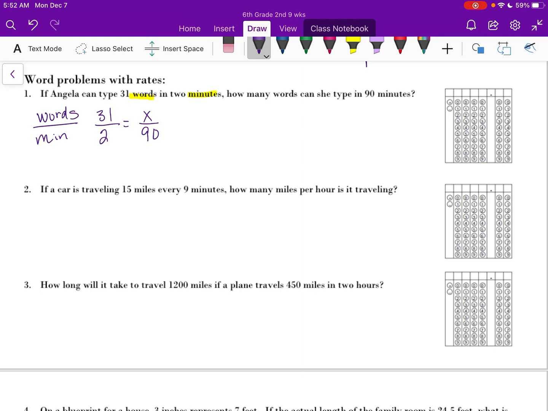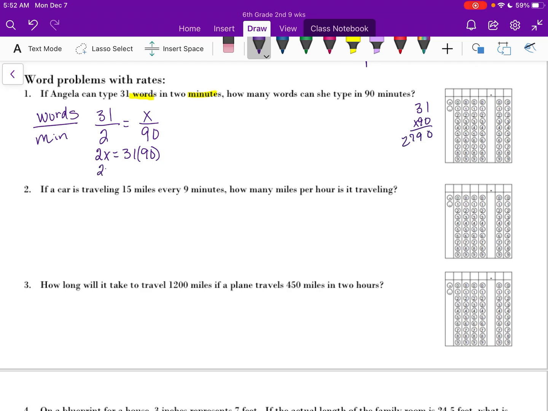So we would cross multiply or do 2 times 45 equals 90, whichever you're most comfortable with. I'm just going to answer it one way. So we would say 31 times 90. I'm just going to come to the side and multiply that.